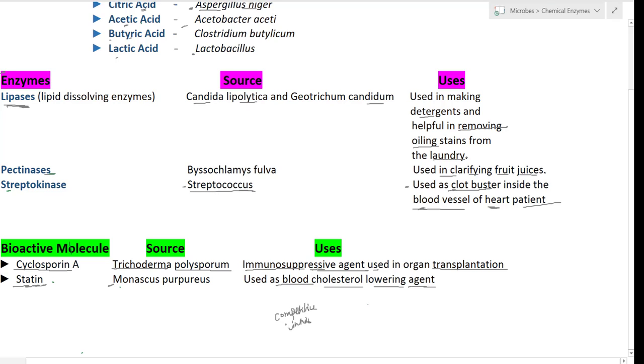So this statin functions as a competitive inhibitor of the enzyme, and it inhibits the activity of the enzyme important for the formation of blood cholesterol. So it lowers the level of cholesterol. These are all about the bioactive molecules.